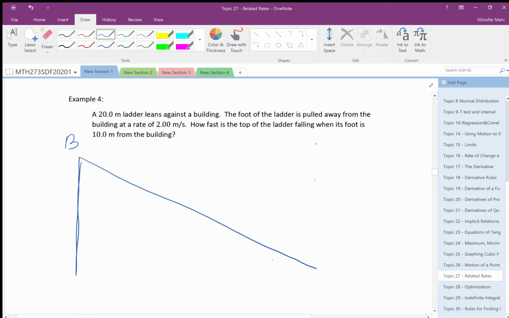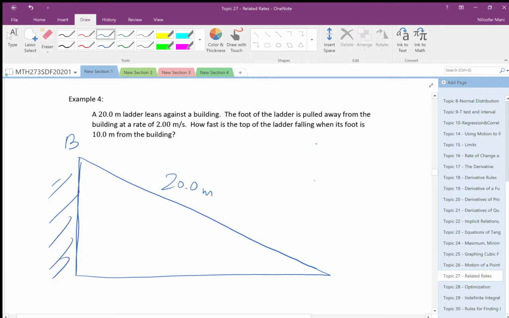Let me draw it straight. So this is the ladder, and this is 20 meters here, right? This is the ladder, this is the building.